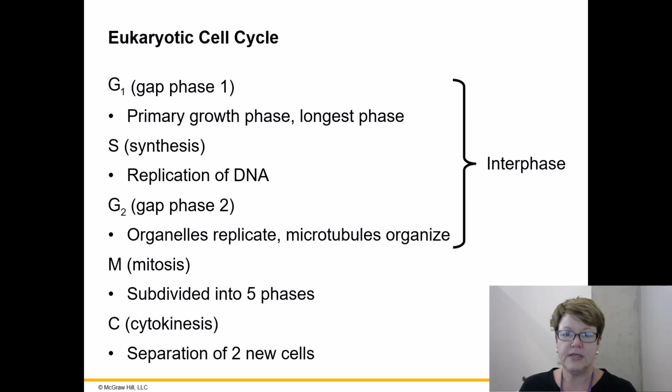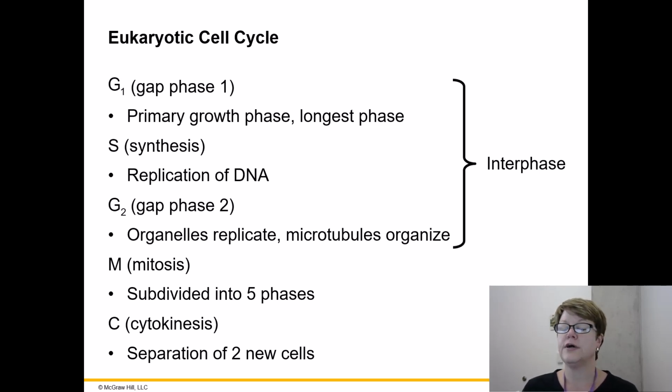G1 is called the first gap phase, but I like to think of G as growth, because this is where the cell is getting bigger. It's making macromolecules and more organelles, so that when the cell does divide, each cell gets some of all of those structures. G1 is also the longest phase, probably 40-45% of the whole cell cycle time.